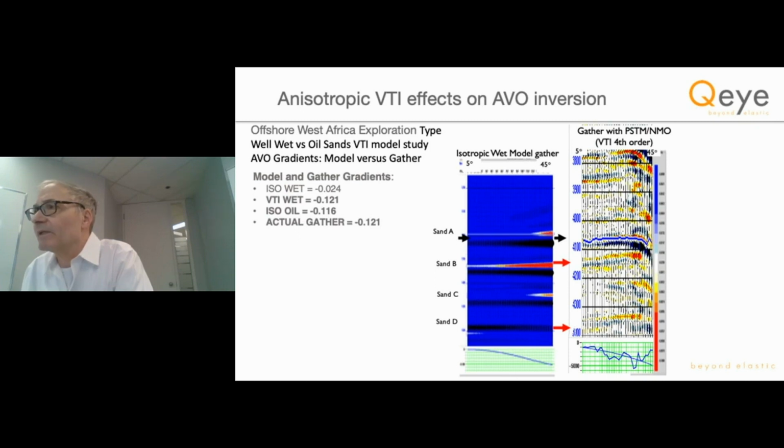The VTI wet has a higher gradient, -0.12. The isotropic oil is very close to that, at -0.11. And the actual gather was matching the VTI wet. So this is the problem in the conventional world of not accounting for the overlying VTI shale.